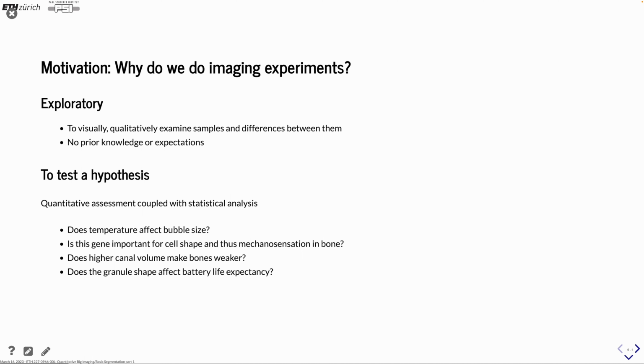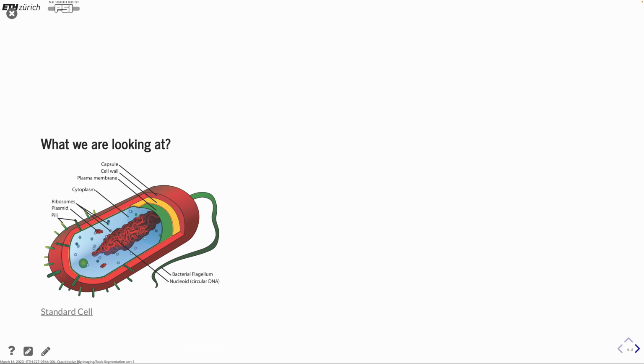Could also be, does higher canal volume make bones weaker? Or does the granule shape affect the life expectancy of a battery? So many such questions could come up, but it can be hard to really put them down in words that can be programmed and analyzed in your analysis.